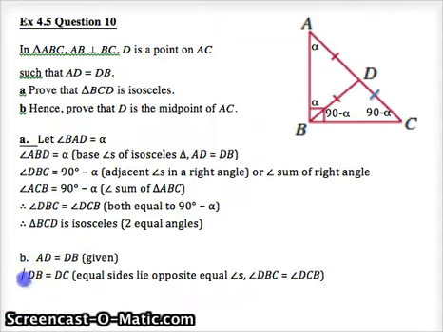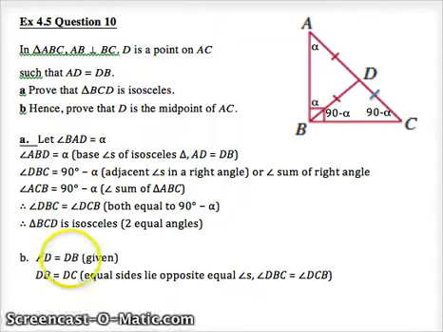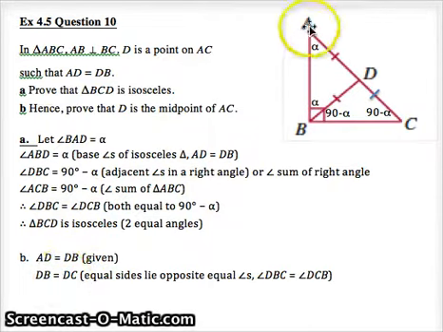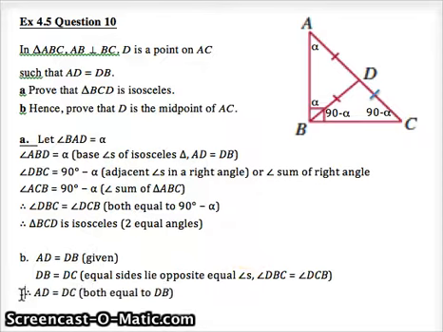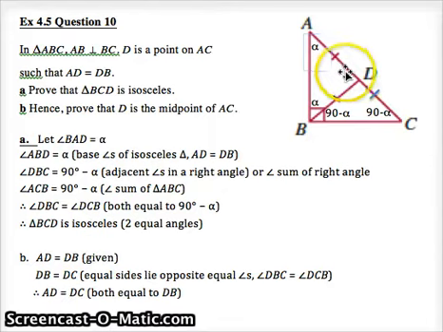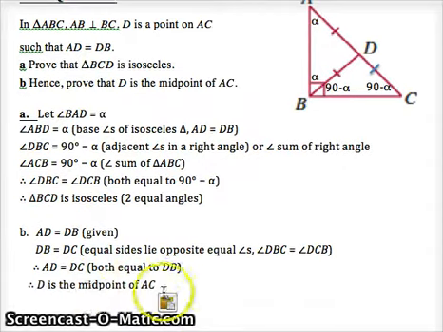So therefore, as we can see, DB equals AD and DB equals DC, therefore AD must equal DC. And the reason for this is that they're both equal to DB. So we can write that down as well. So therefore AD equals DC because they're both equal to DB. So if AD equals DC, therefore D would be the midpoint of AC. So we'll just put that in as our final line. And that is the end of the question.